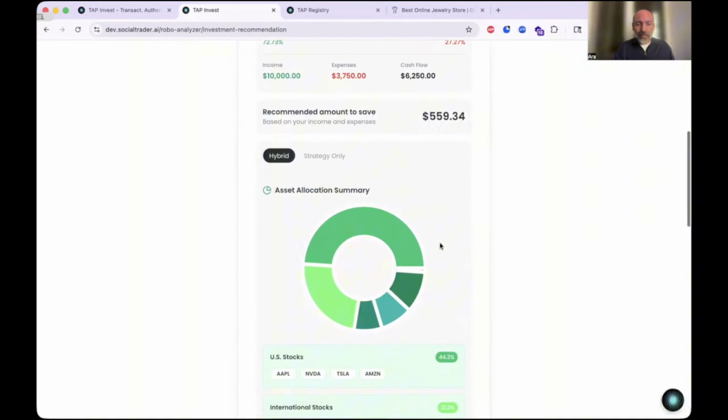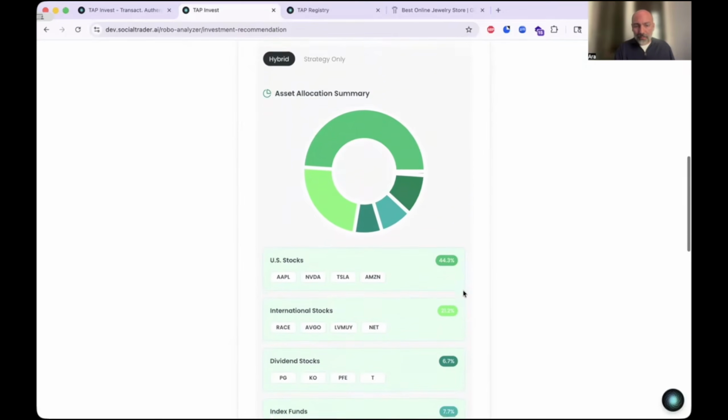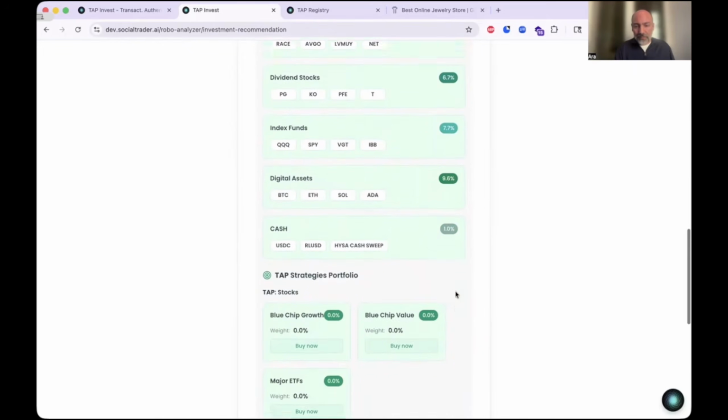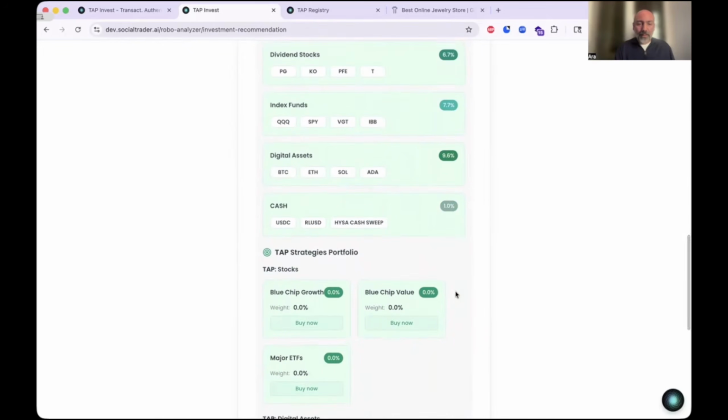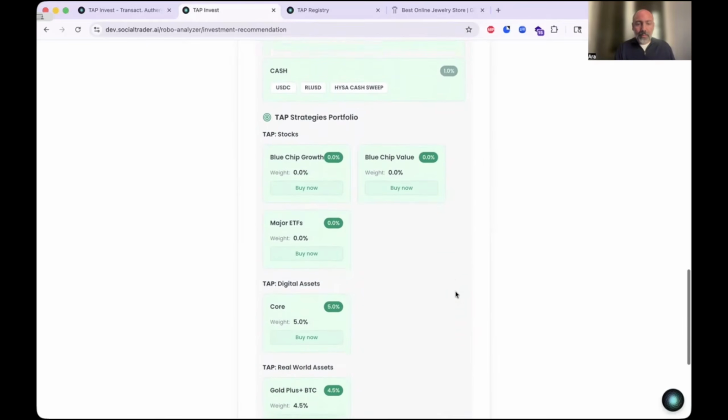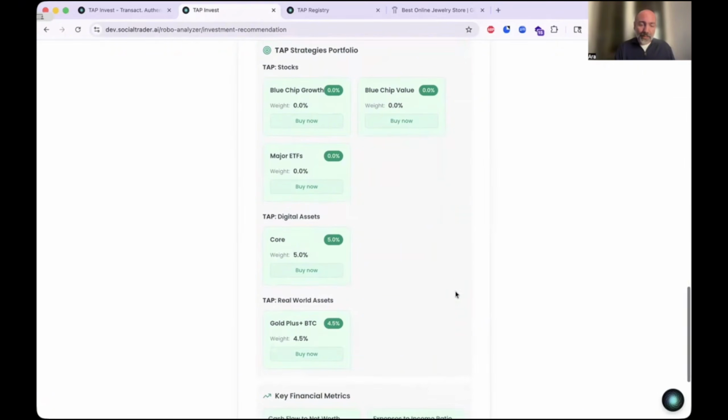Now, as you can see here, it has different assets that it's recommending to me across the different asset classes, and it divides the different asset classes based on my risk tolerance. In this case, we're doing only digital assets and real world assets and no stock strategies because I was high risk.